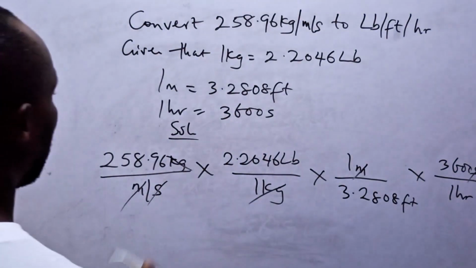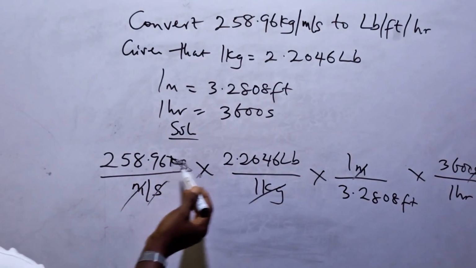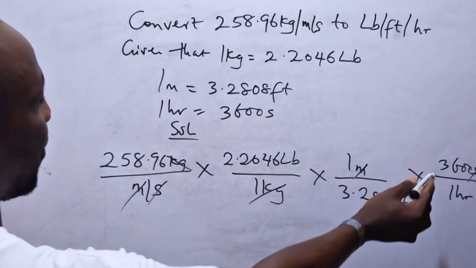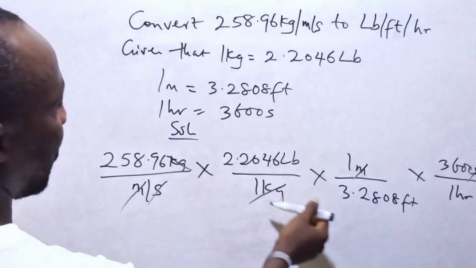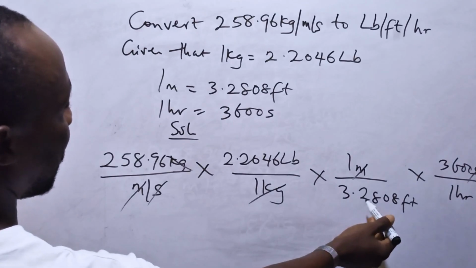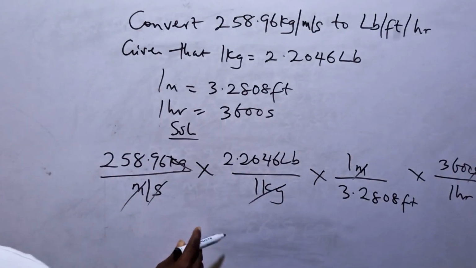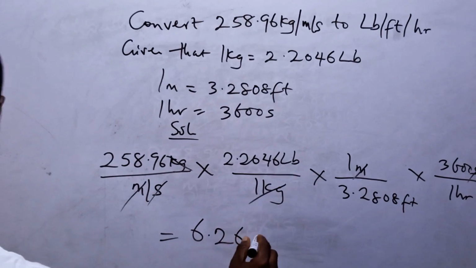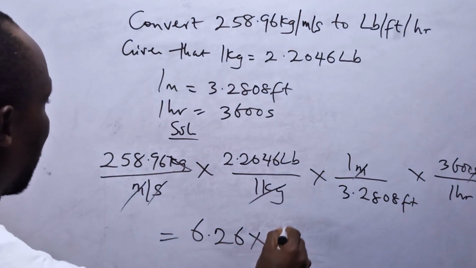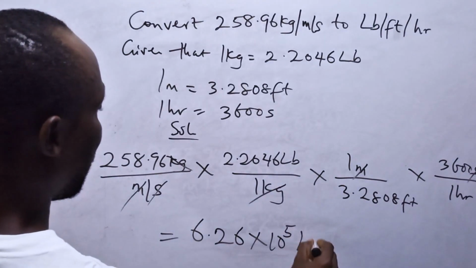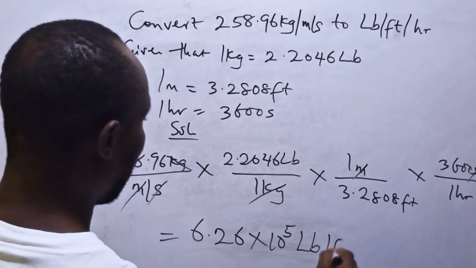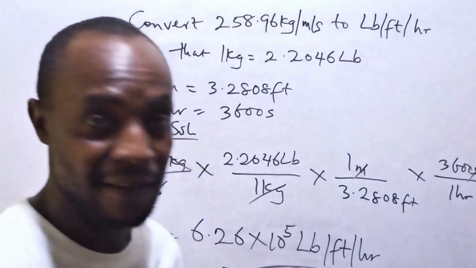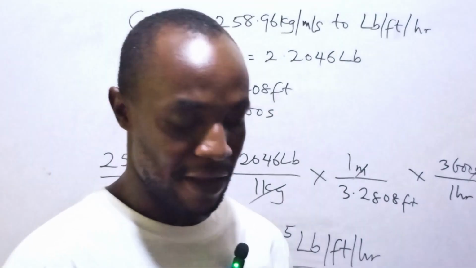Now if you multiply 258.96 by 2.2046 by 1 by 3,600, divided by 1, and divided by 3.2808, the answer will simply be 6.26 times 10 raised to power 5, with the unit pounds per feet per hour. So that's as simple as this. Yes, as simple as this.